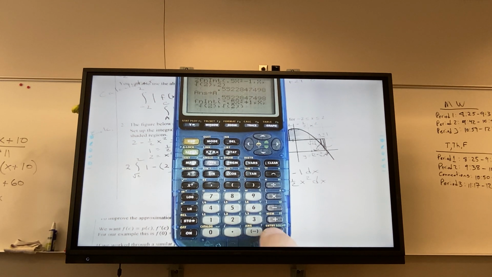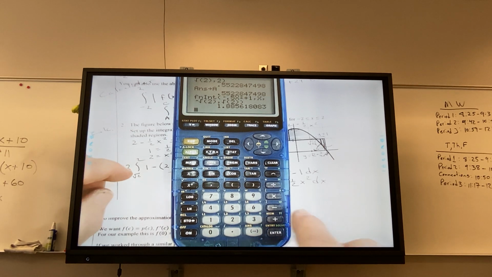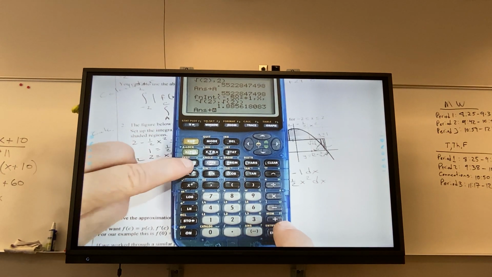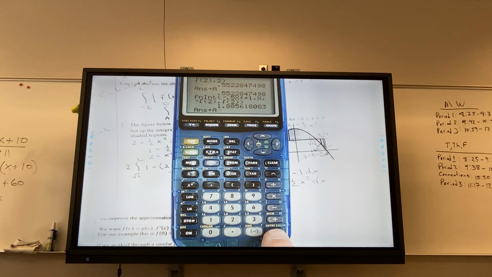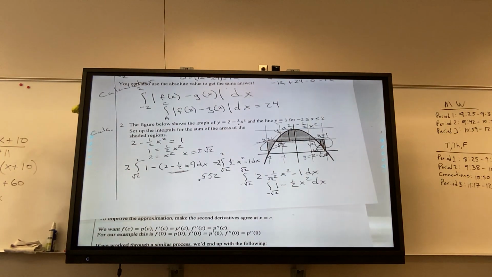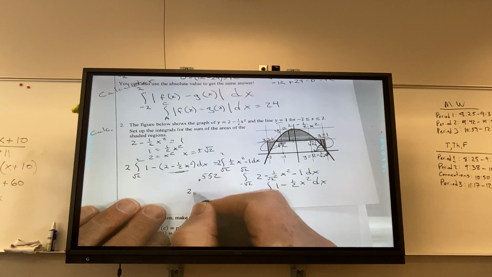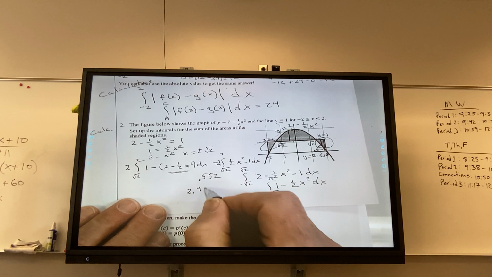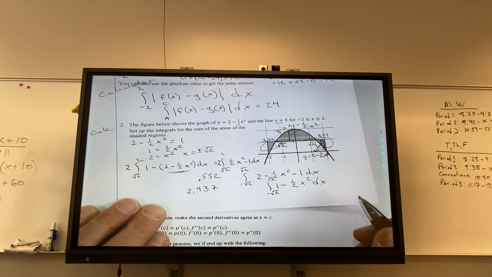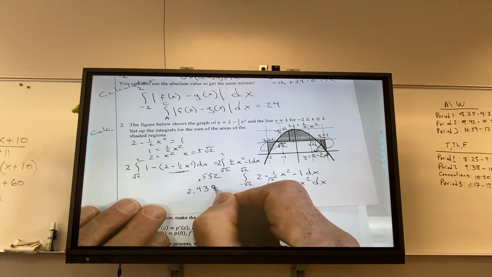So then I'm gonna press enter, and I got that, correct? And so now I'm gonna go plus alpha A, right? Press enter. And so my answer is 2.437, or 8, I guess.